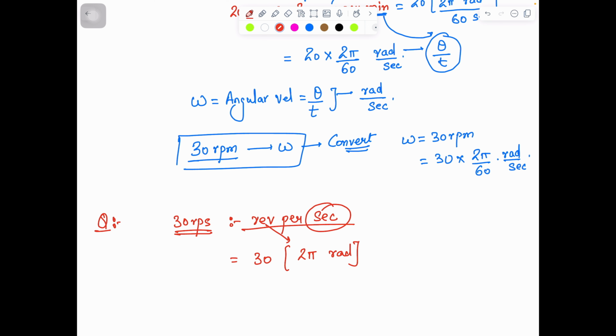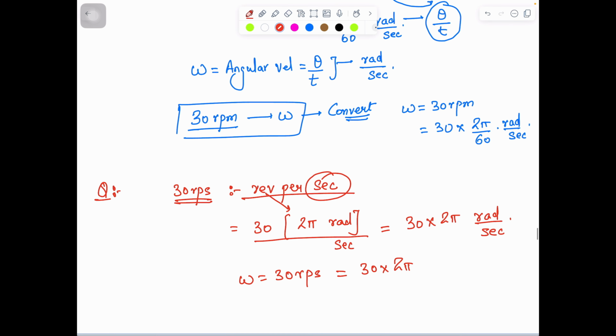It remains a second. No need to change. So 30 multiplied by 2 pi radian per second. Yes or no? So your new omega, which is 30 rps, is equal to 30 multiplied by 2 pi radian per second. Clear, guys? Sure.